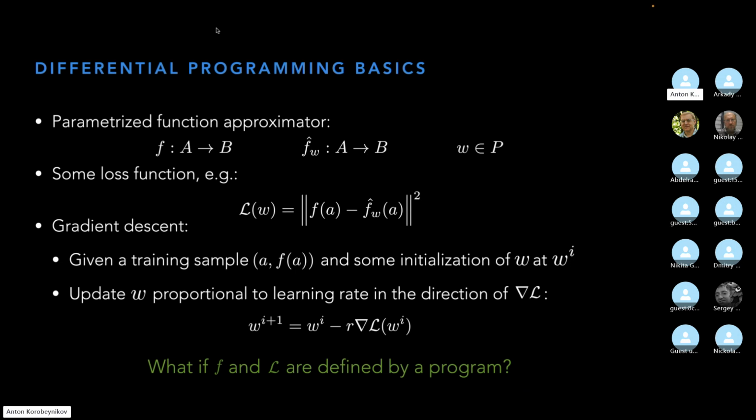Broadly speaking, a neural network is a special kind of parameterized function approximator. And the training process optimizes the parameters W, as on the slide, to improve the approximation of a known ground truth function f based on training data.